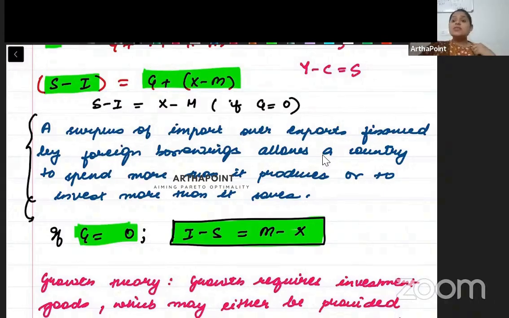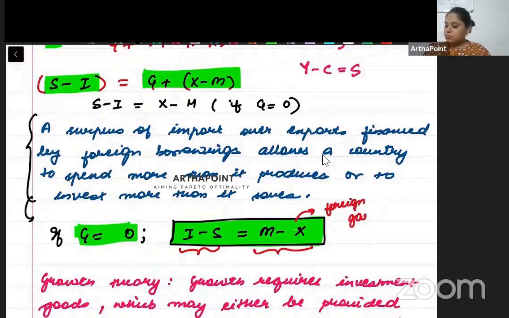But this says, if you want to have the investment which is more than savings, if I minus S is more, then in order to do that, you must have imports more than exports. ये हो गया आपका foreign gap. ये हो गया domestic gap.